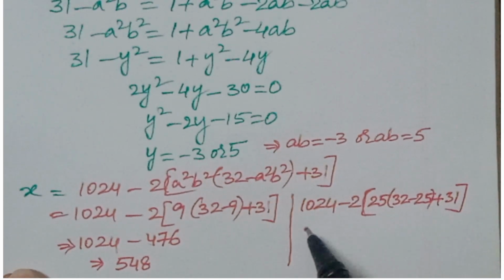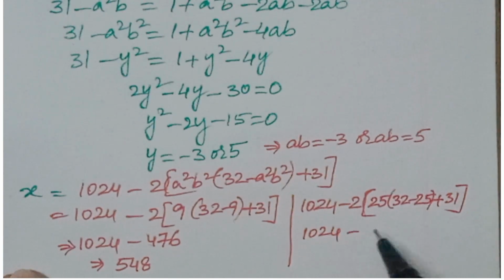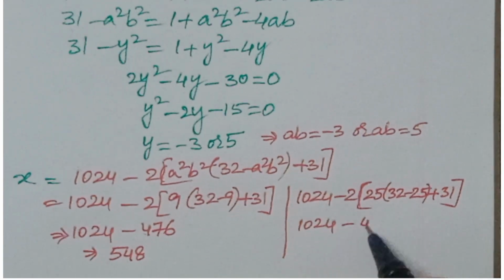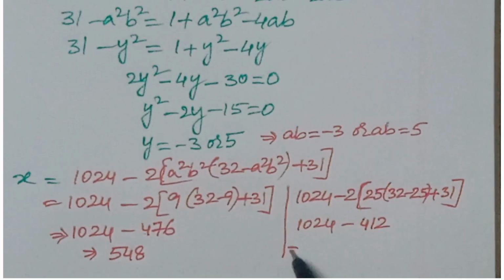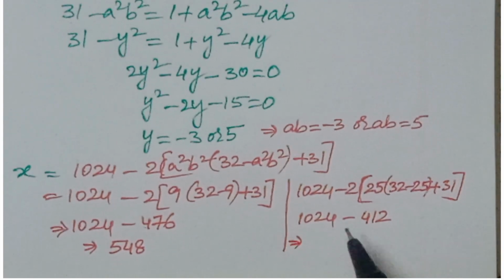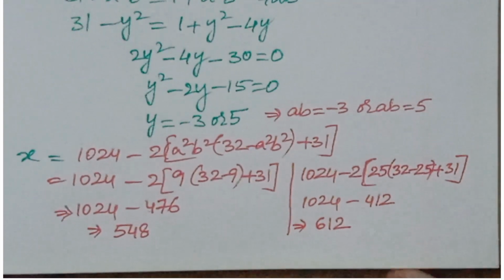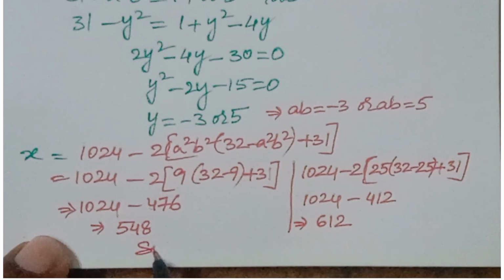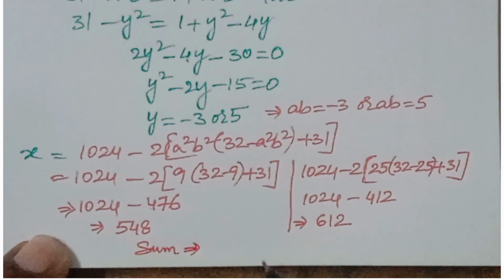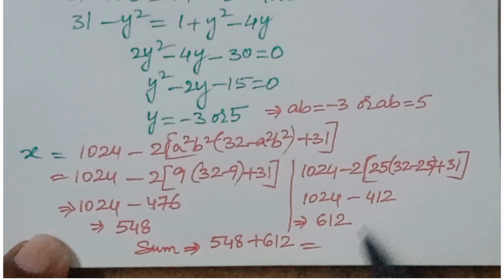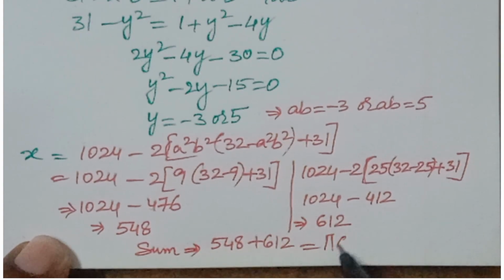Now if you solve this, you will get 1024 minus 412. So here you are getting the value 612. So on adding both of these, you have to get the sum of these two values. 548 plus 612, we are getting 1160.